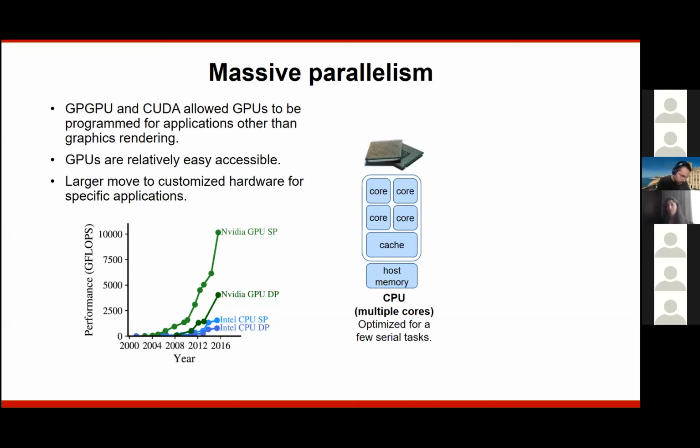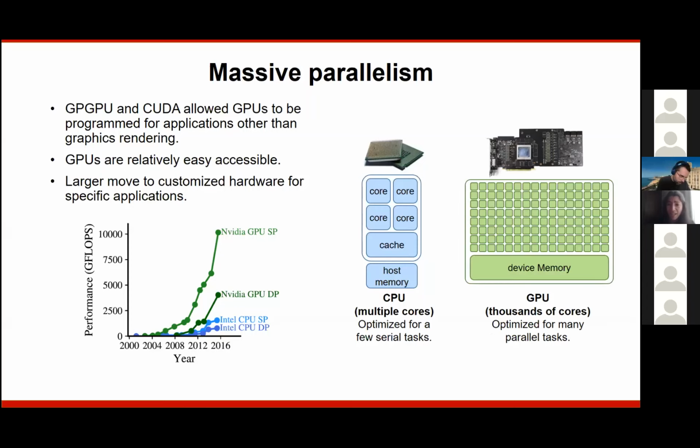Now, the difference between a CPU and a GPU is this. CPUs have pretty smart cores, and they're highly optimized to perform serial tasks. And they're pretty intelligent. Now, when you get to GPUs, what you're talking about is a suite of much smaller and simpler cores, but they're able to do many tasks at once.